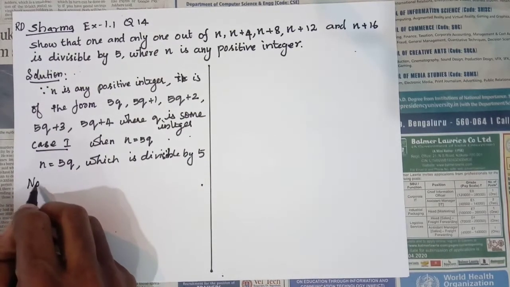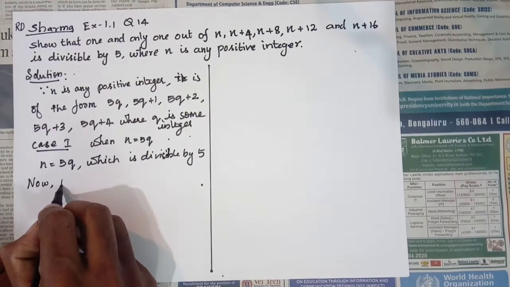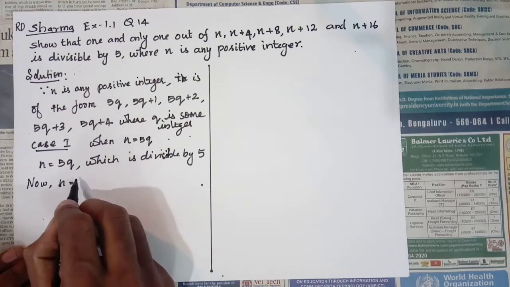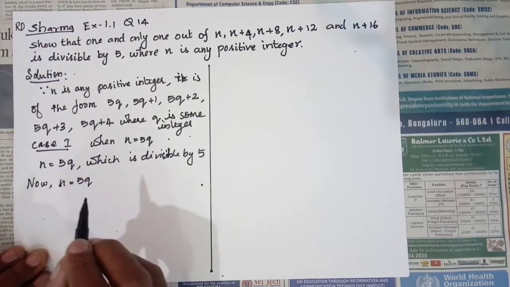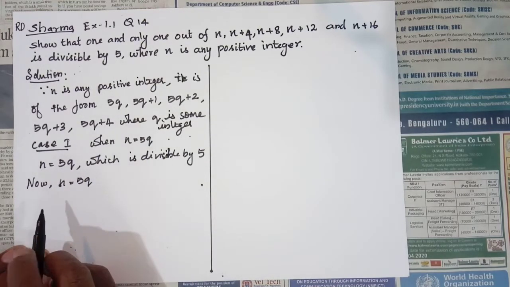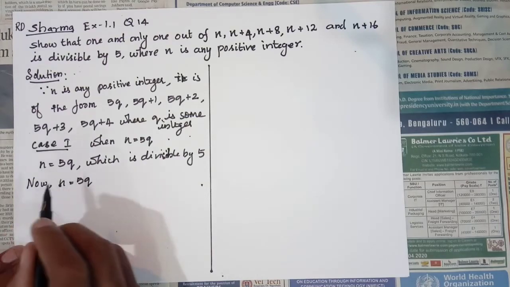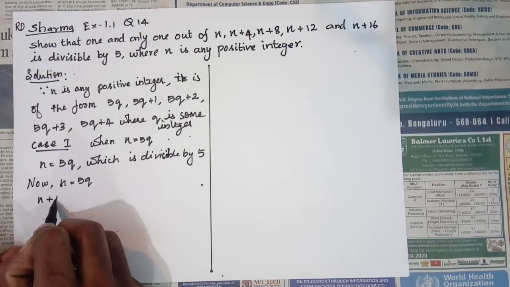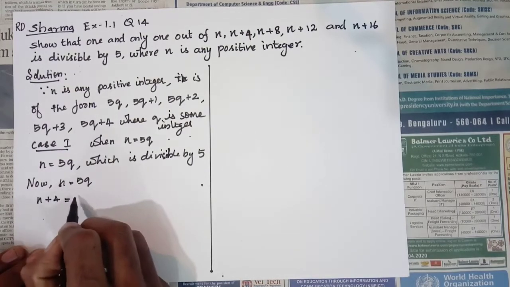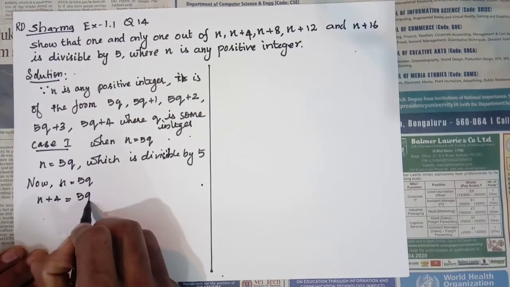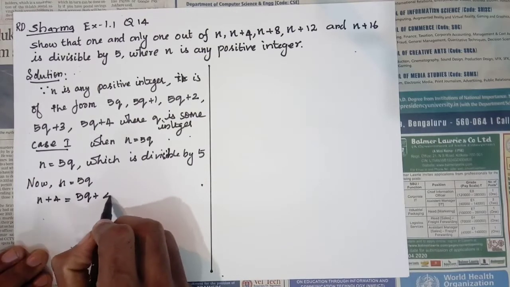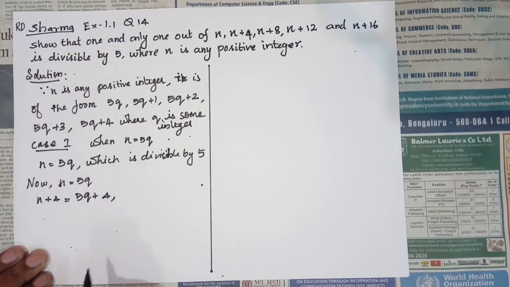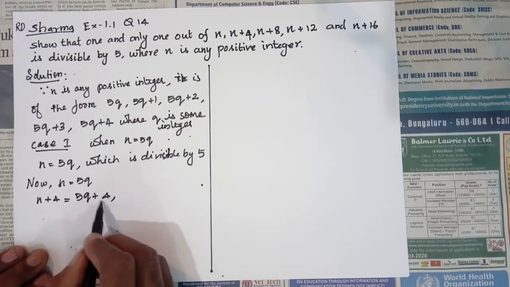Now we can take n value as 5q again. This time we have to check it for n plus 4. So n plus 4 is equal to 5q plus 4. What is 4 here?